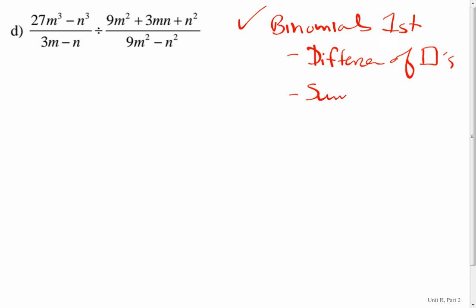Sum and difference of cubes. And then you also have GCFs. If you start with those first, what you'll see, like in this case, is I've got a difference of perfect cubes up here.